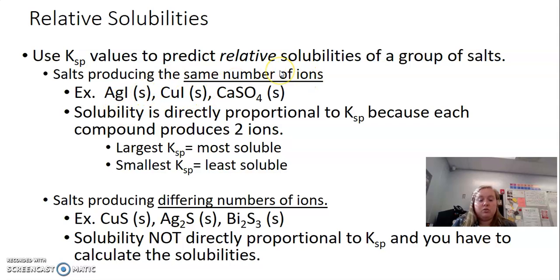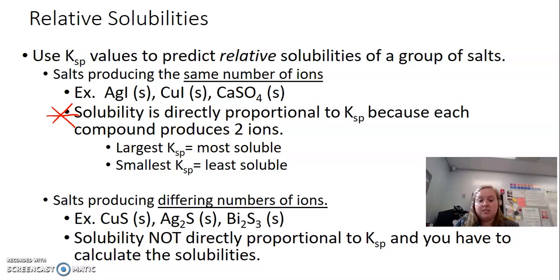All three of those produce 2 ions, a positive and a negative. And how we use the Ksp is that the solubility is directly proportional to the Ksp because each of them are going to produce 2 ions. So if you have a really large Ksp, it's going to be mostly soluble. If you have a really small Ksp, it's going to have a very low solubility.